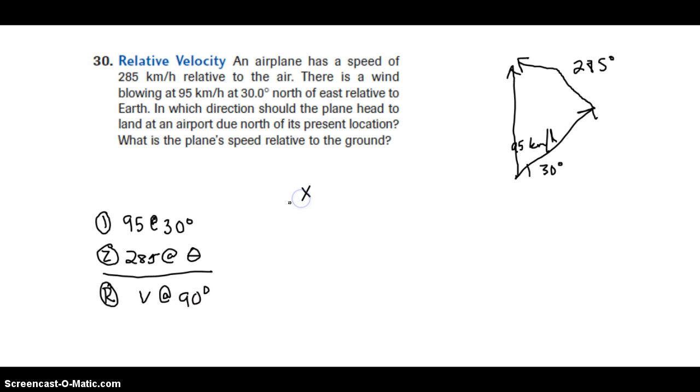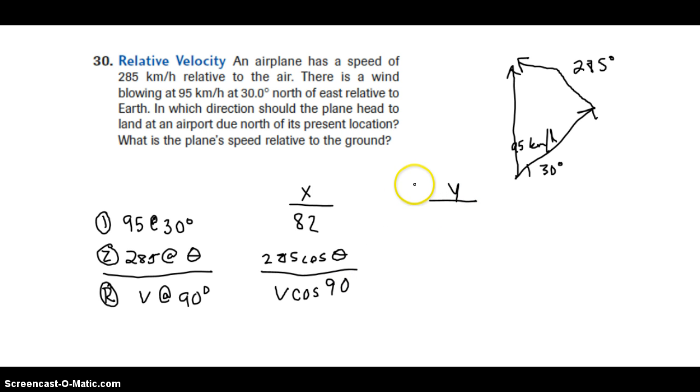So for our x components, we'd have just like normal 95 cosine of 30, which would be 82. We would have 285 cosine of theta, and those two have to equal our velocity times the cosine of 90. And then for our y direction, we have 95 sine of 30, which is 47.5.